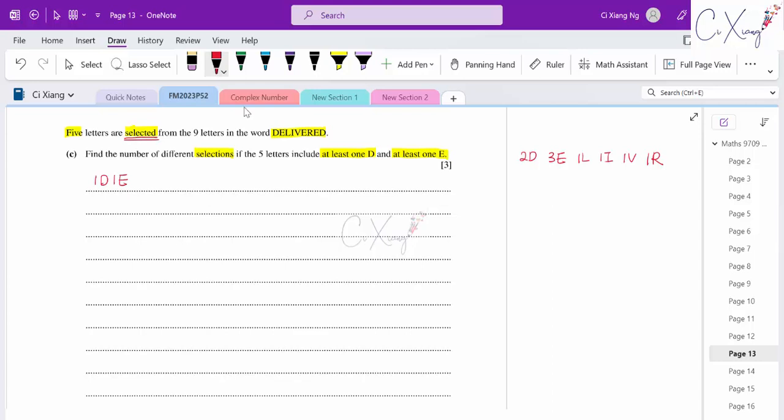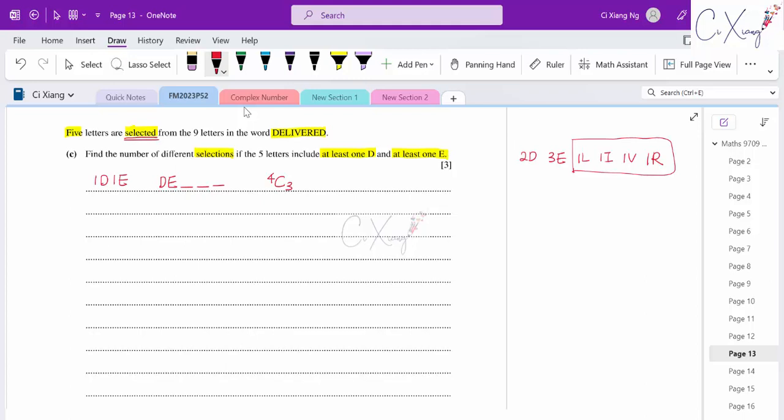So if I have 1D and also 1E, then the remaining 3 letters, I need to select from I, L, V, R. There are 4 letters in total here. So the number of combinations will be 4C3.